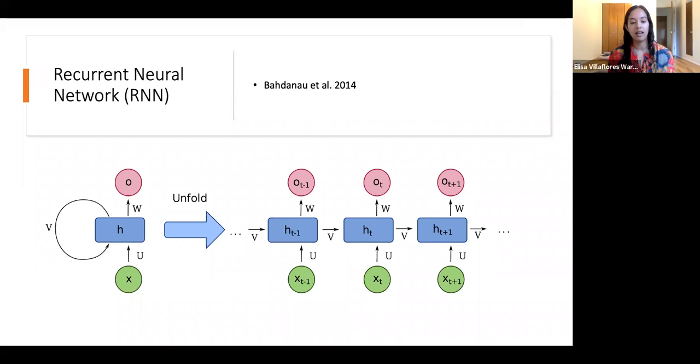For example, we might be more likely to get one word given that we have this other word here. If you've worked with Markov chains, then that's probably something you're quite familiar with. A recurrent neural network is reminiscent of that idea.